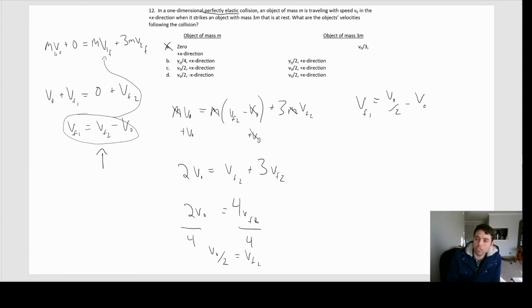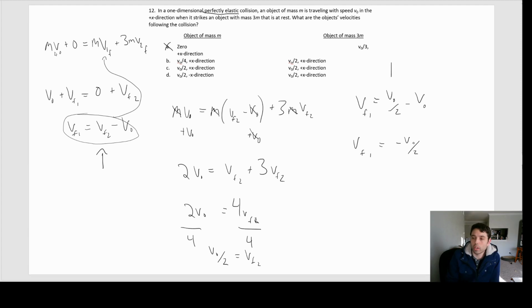This is like saying one half minus 1. So vf1 equals half of v0 minus 1 whole v0, which is negative half v0.